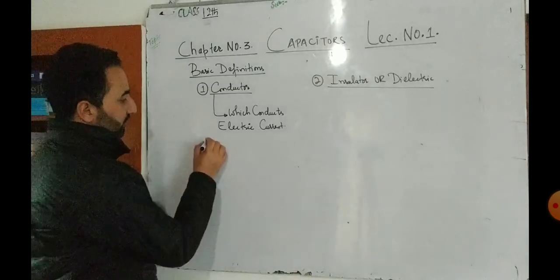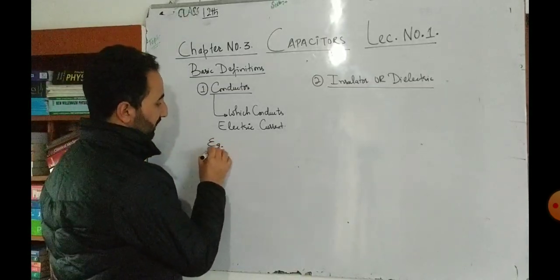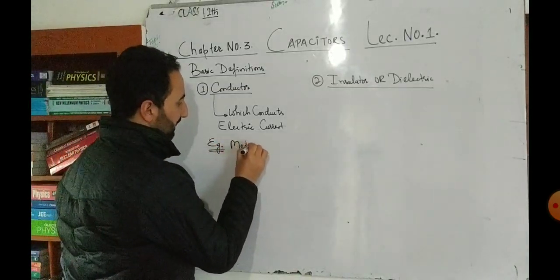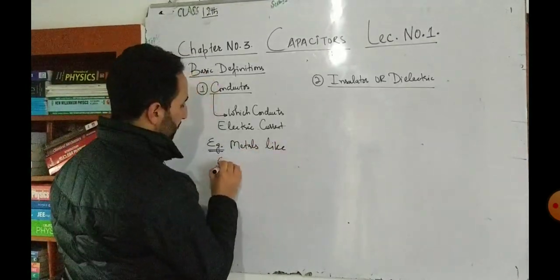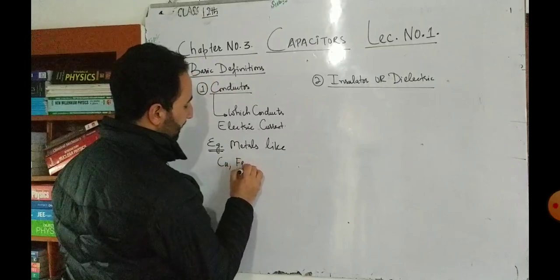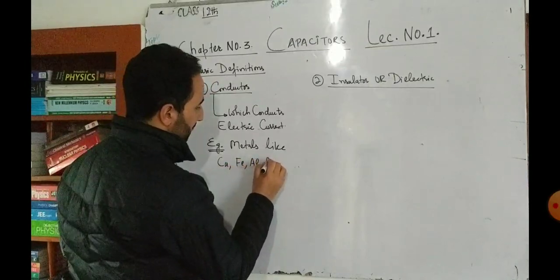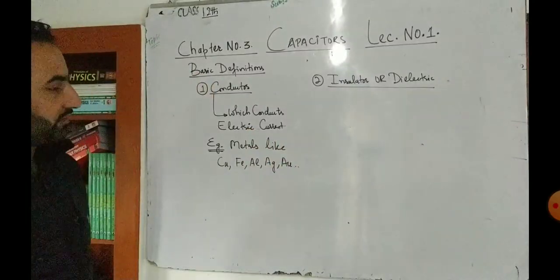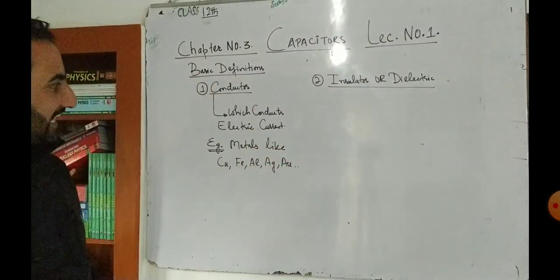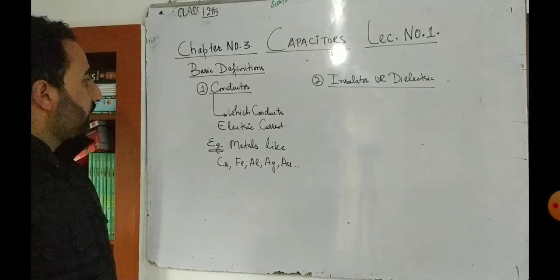For example, all metals are examples of conductors, like copper, iron, aluminium, silver, gold, and so on and so forth. Simply, the substances that conduct electric current are called conductors.